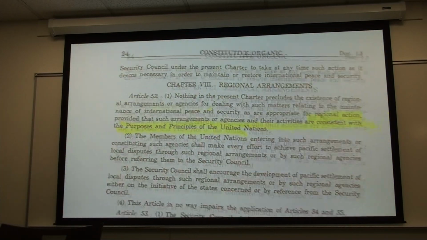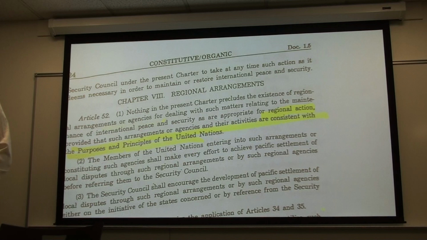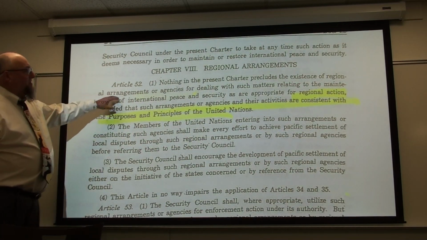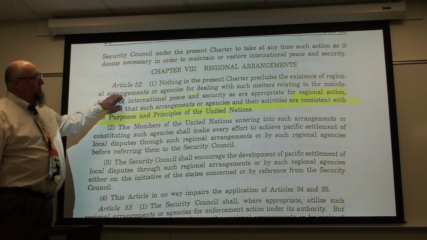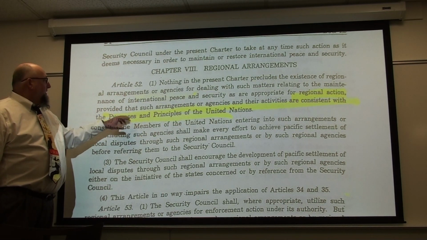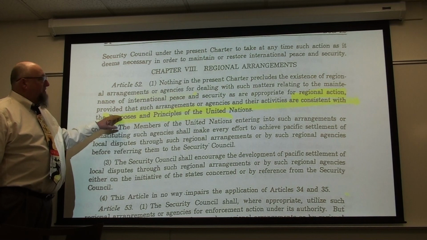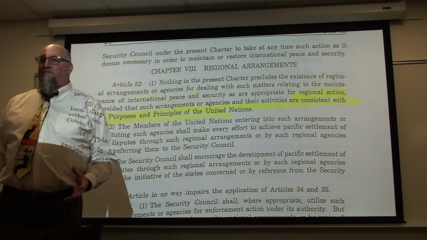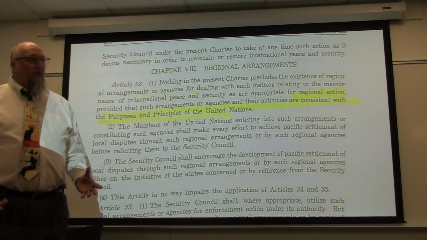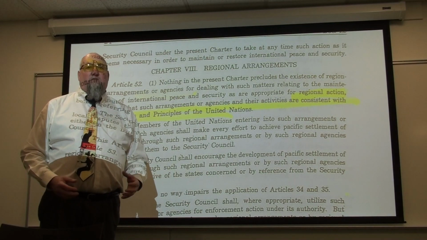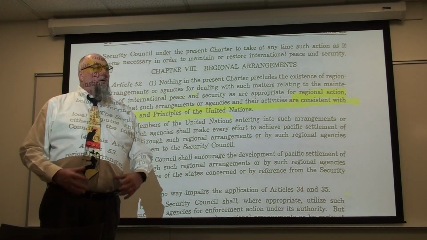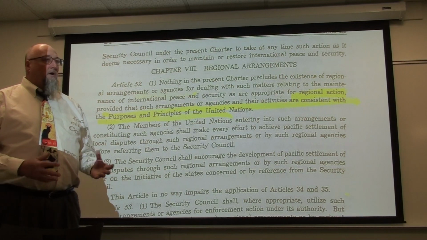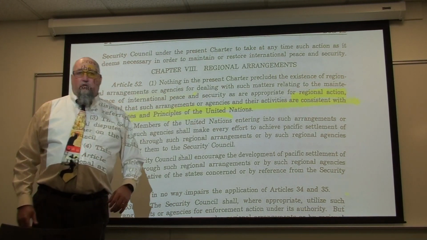All right, Article 52, kind of the same idea. Nothing in the present charter precludes existence of regional arrangements or agencies, including regional action, so long as they're consistent with the purposes and principles of the United Nations. So again, this allows for sovereign states to engage in collective defense and self-defense agreements, collective use of economic or military activity, so long as it's not contrary to the UN Charter.